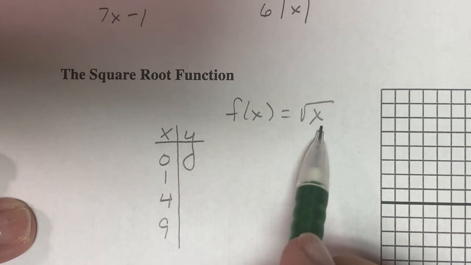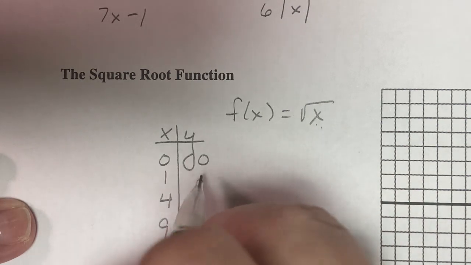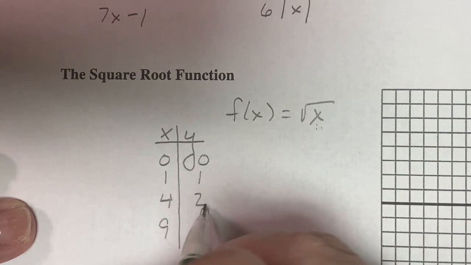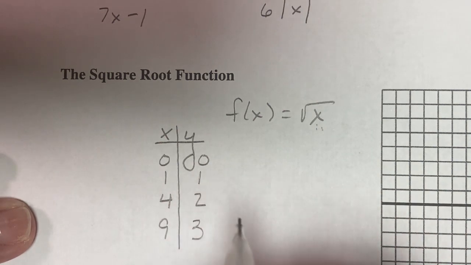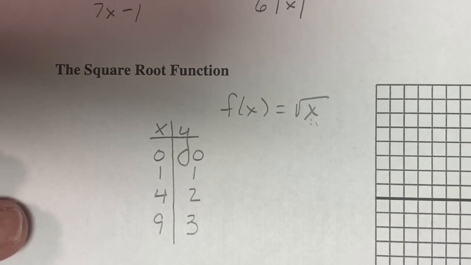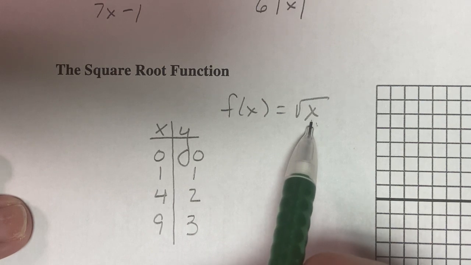So if I plug in 0, the square root of 0 is 0. The square root of 1 is 1. If I plug in a 4, the square root of 4 is 2. And if I plug in a 9, the square root of 9 is 3. Of course, I didn't plug in a 5 because then I'd use my calculator and that would just be an approximation. I can't plug in any negatives because that would take me out of the real numbers.